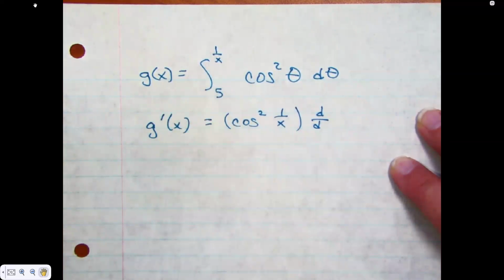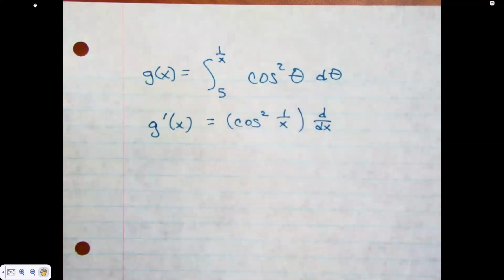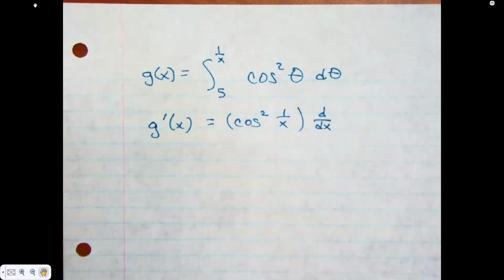That's considered a quantity. Anything besides an x to the 1st is considered a quantity, even like a 3x, right? Because what's the derivative of 3x? 3. Anything besides an x, because what's the derivative of x? 1. That's the only time that it's 1, and so we don't have to worry about it.